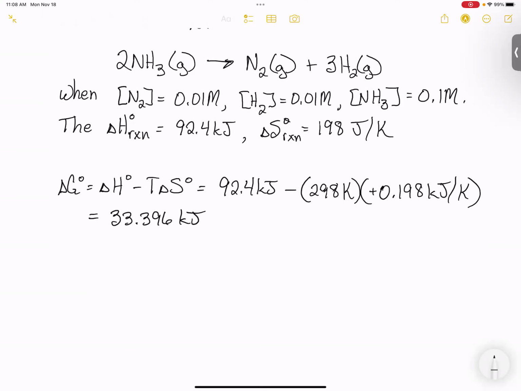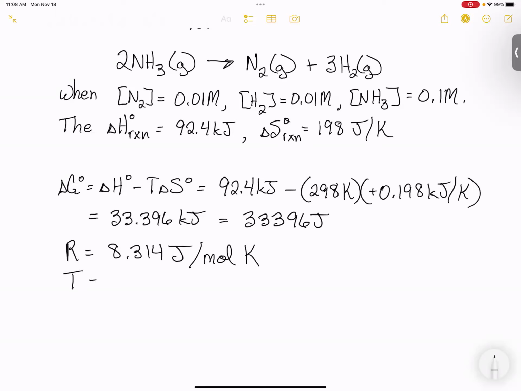Now, the next thing we need is our R value. Our R is 8.314 joules per mole Kelvin. Right off the bat, I see that I'm going to have my Gibbs free energy in joules to make my units match. So that means it's going to be 33,396 joules. My T is 298 Kelvin.